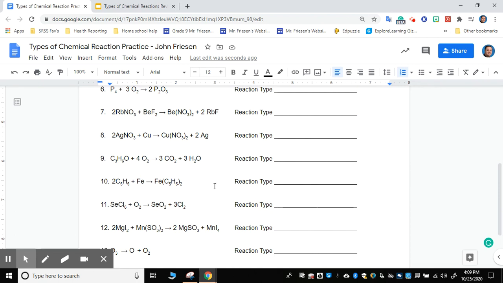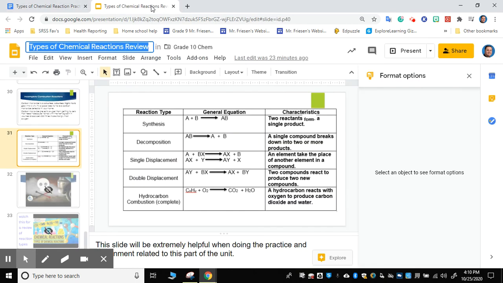Let's go to number 10. We have 2C5H5 plus Fe yields FeC5H5 to the 2. What does this look the most like?